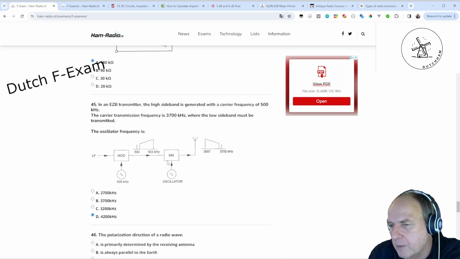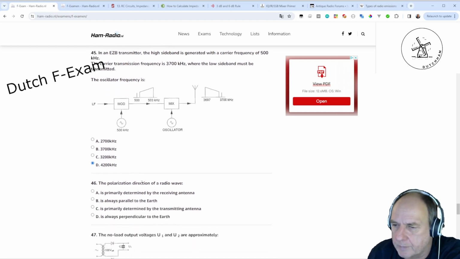Because you get a product of the two on the plus side and on the minus side, and this one is on the minus side. Because this is the input, it has to be subtracted from the carrier frequency to get the lower sideband. So yeah, go for answer D.